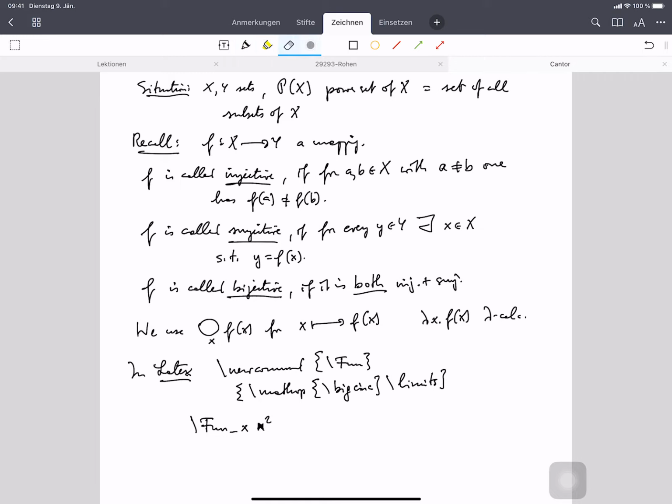Sorry, of course in LaTeX you have to write x sub, for example.